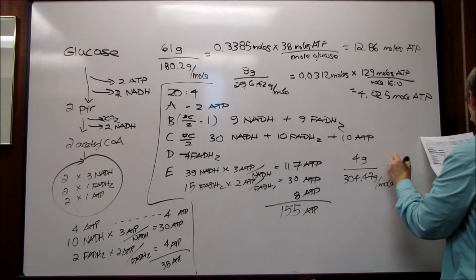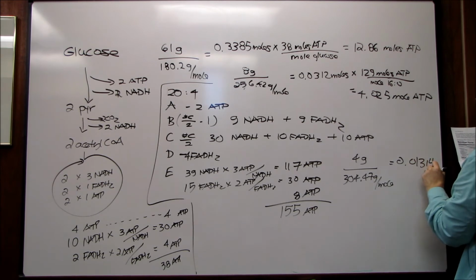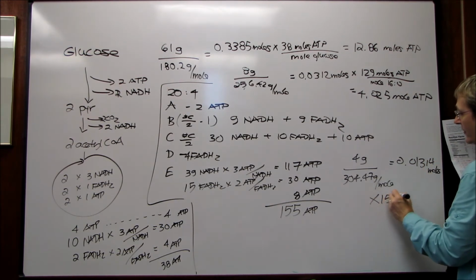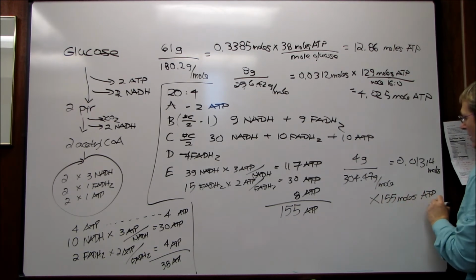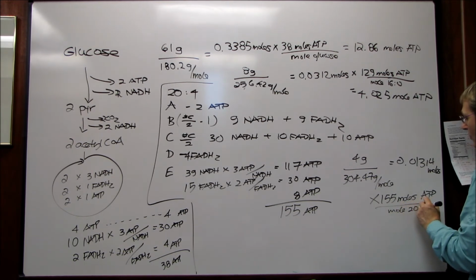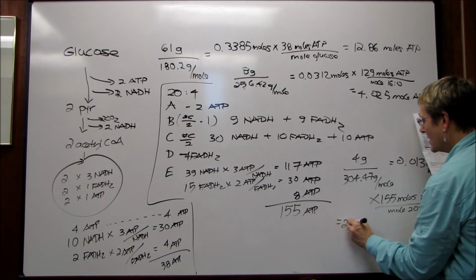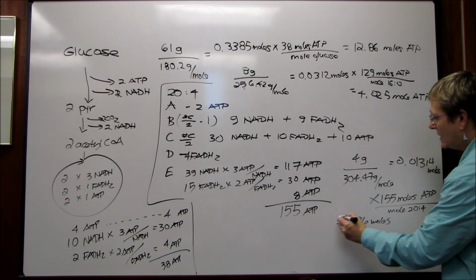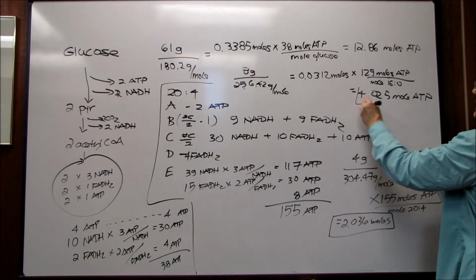And that is equal to 0.01314 moles times 155 moles of ATP per mole of the fatty acid 20:4 gives me a total of 2.036 moles of ATP from this.